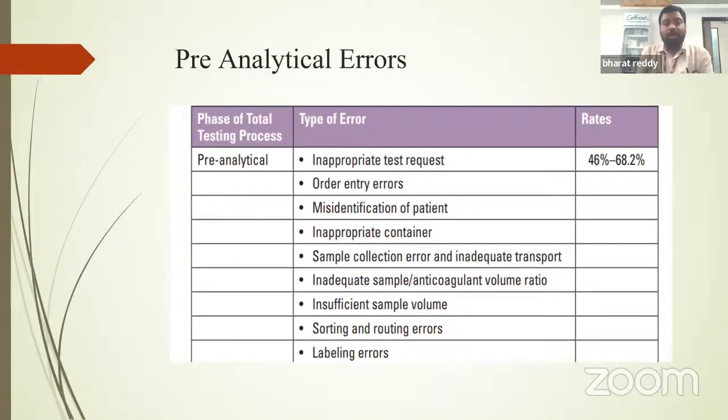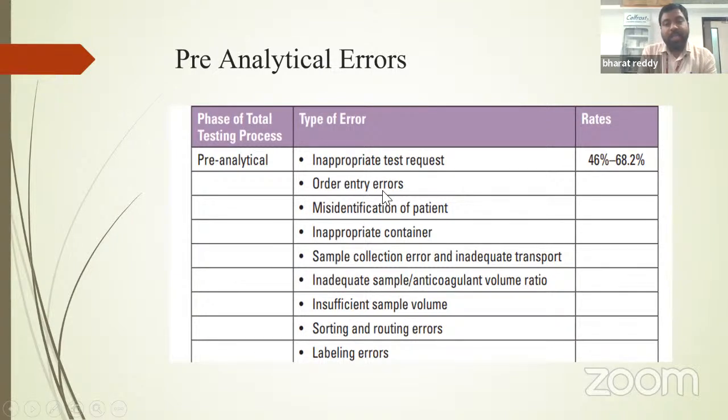Coming to the pre-analytical errors, these are most important. Why? Because more than 50% of the errors occur in the pre-analytical phase. That's why we are more focused on the pre-analytical errors. The common one is inappropriate test request, that is, not proper requisition.